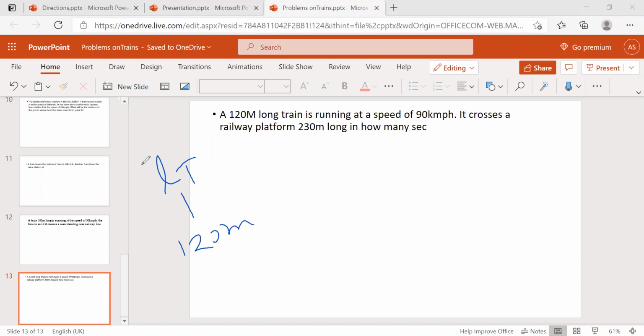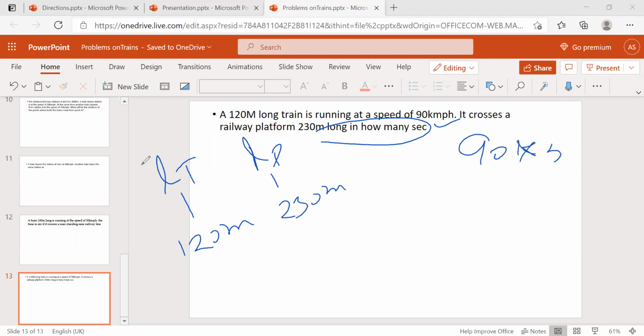And what's the platform length? Length of the platform is nothing but 230 meters. And they're asking, to cross this platform, how many seconds will it take? By the speed of 90 kilometers per hour. If you want to convert this to meters per second, 5 into 18. 18 ones, 18 fives. 5, 5, 25 meters per second.